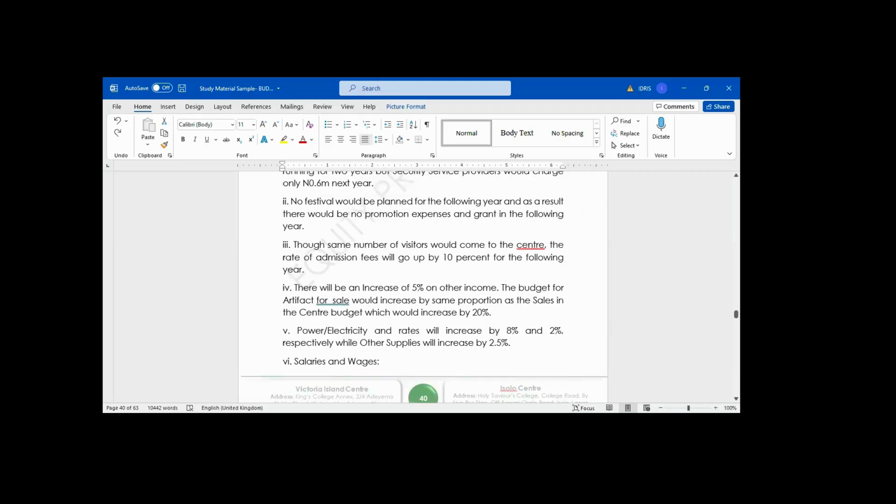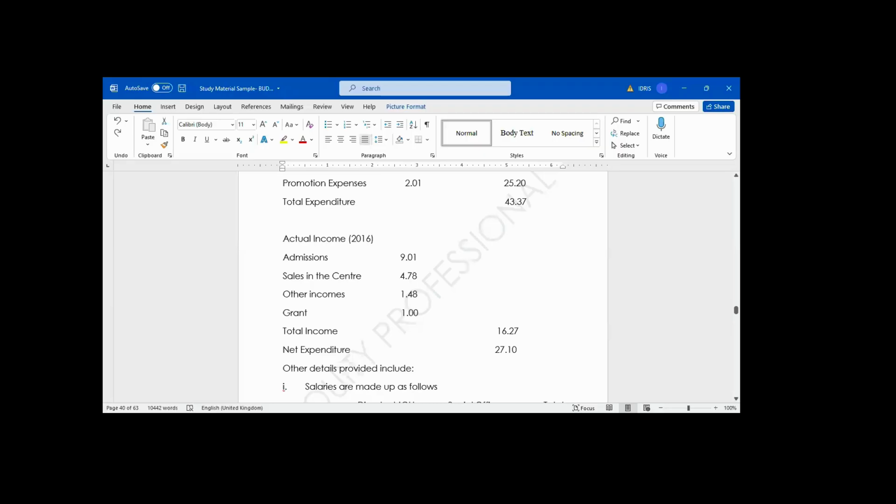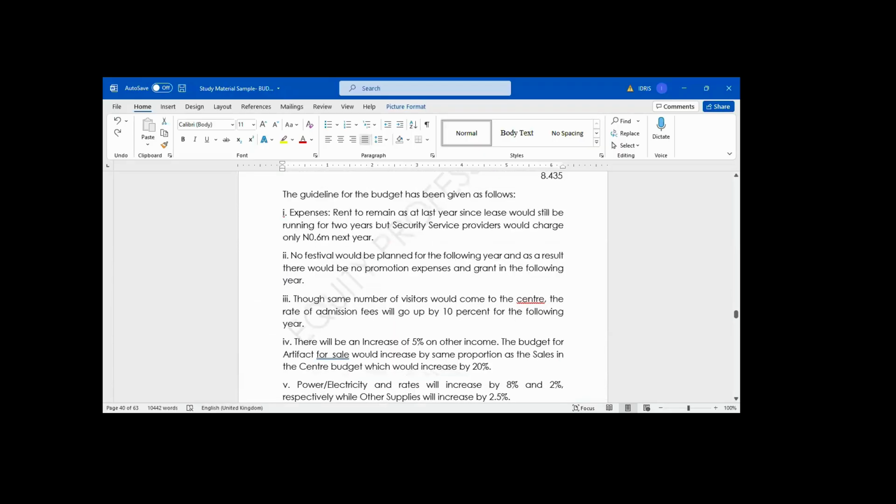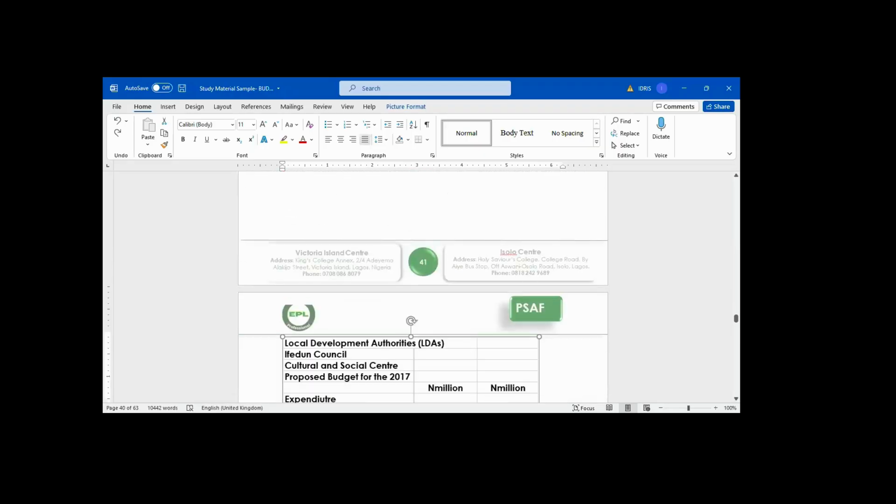The note is saying that there will be no promotion expenses and grants in the following year. That means there will be no grant. Grant will be 0. In 2017, grant will be 0.